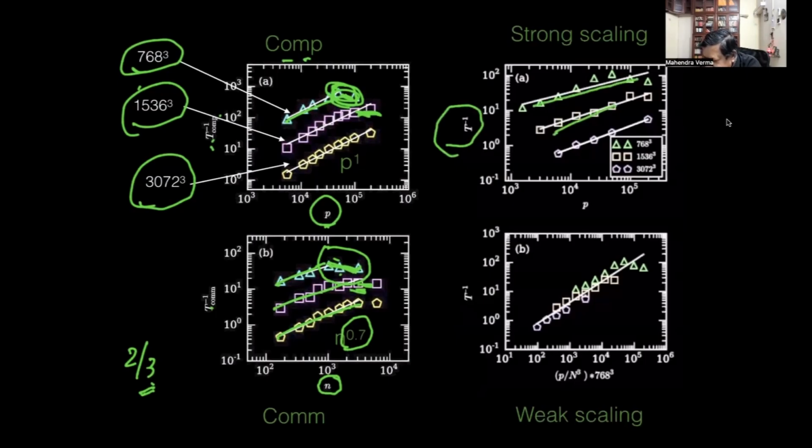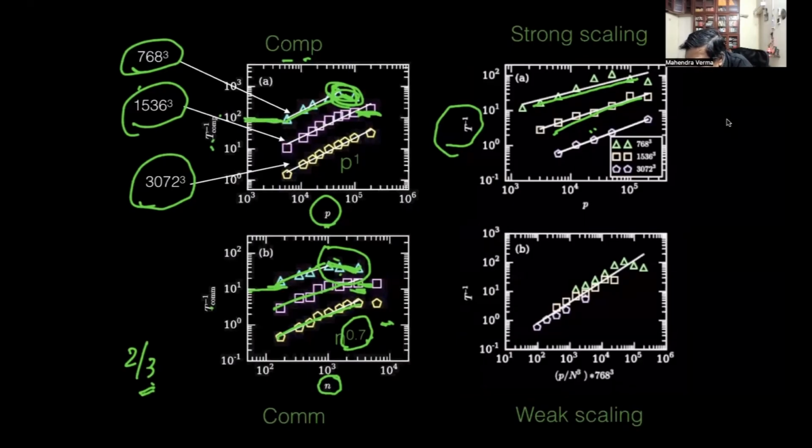The total time is linear, but the slope is around 0.7 because communication is dominant. I can see the numbers here. The first data point is around 10 for T inverse, and here it is 100.